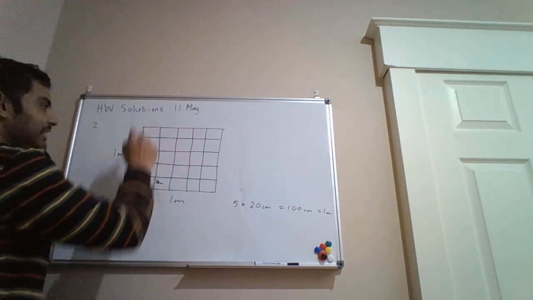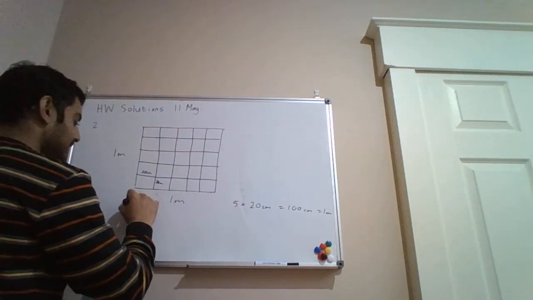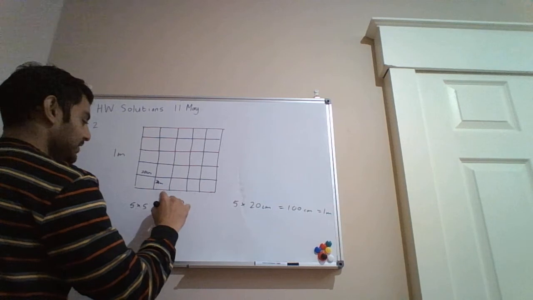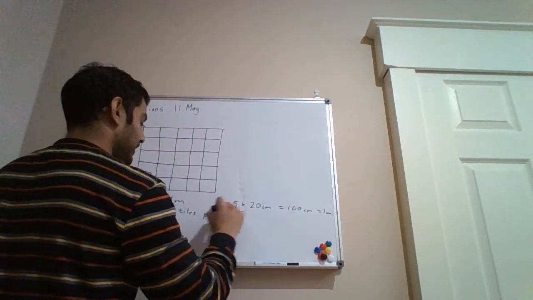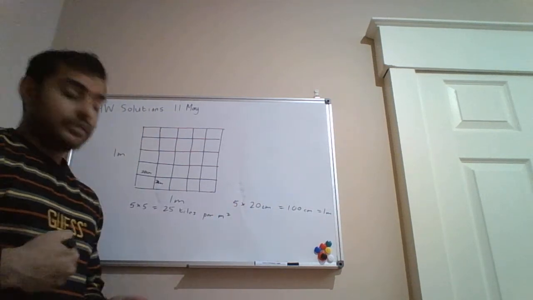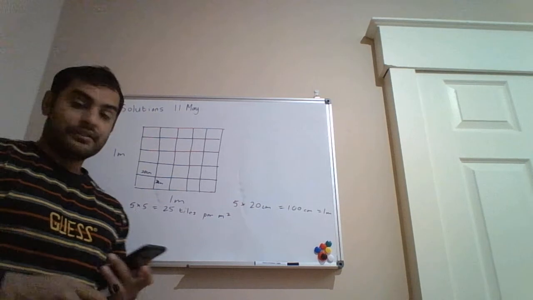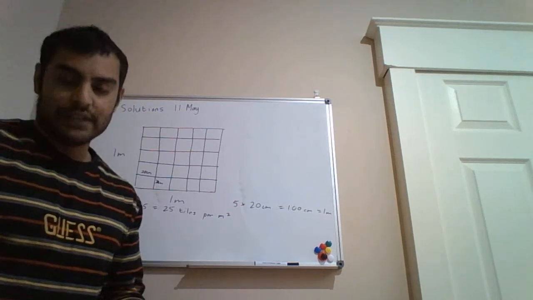Because it's 5 by 5, that would mean that there's 5 by 5, which is 25 tiles per meter squared. Okay, so now I'm going to find the area of the floor in meter squared, and I'm just going to times it by 25.